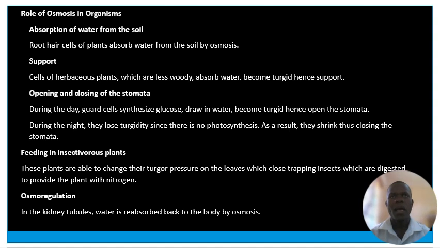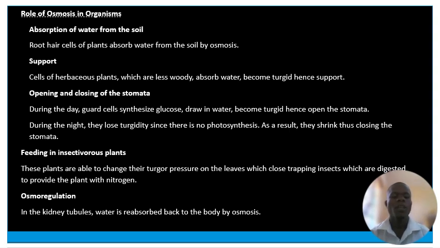This is how plants open and close their stomata during different weather and climatic conditions. For example, during the night hours they close their leaves, and during the day hours they open their leaves.